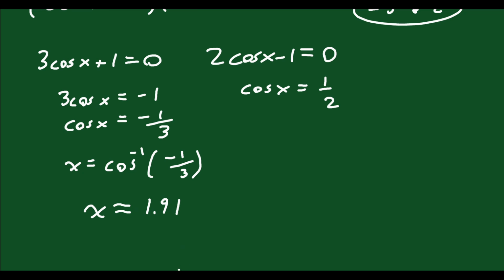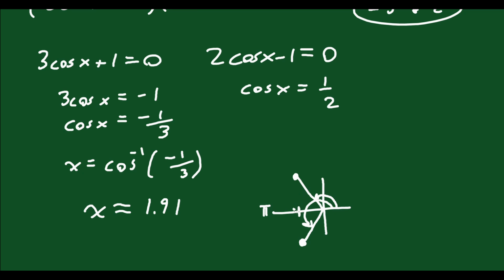But remember, we said we have another answer that has that same cos value, right? If you're thinking about it, that's your 1.91. You should have another one here because they have the same x value, right? They both go to the left the same amount. So if this here is your 1.91, you should also have this angle. Well, how do I find that? Well, all you have to do is say, okay, if I go all the way to here, that's pi, right?